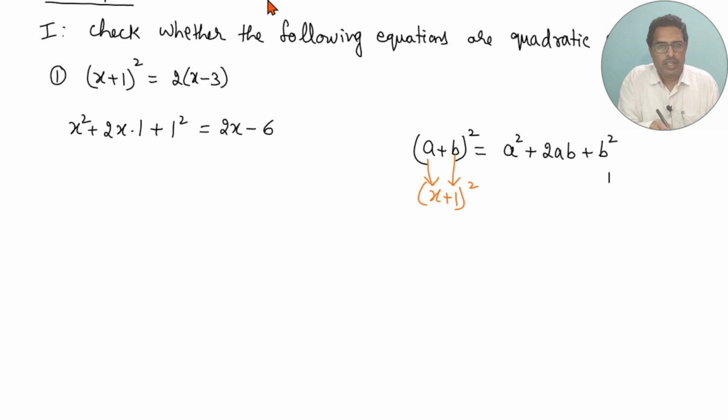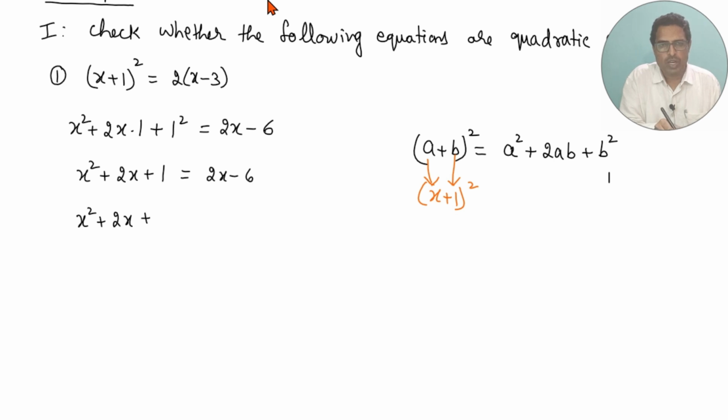Now let us further simplify this one. This is x square plus 2x into 1 will become 2x, plus 1 square will be 1 itself, is equal to 2x minus 6. Let me keep x square as it is, plus 2x as it is, and this plus 1.